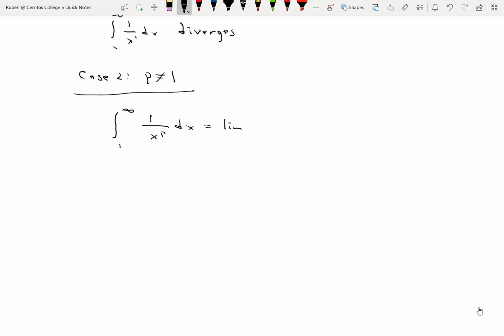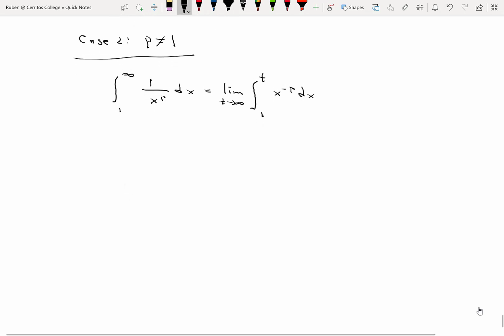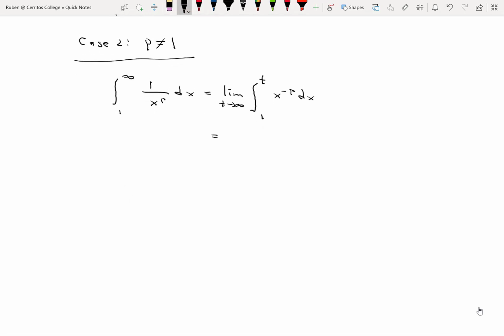To handle this, we take the limit of the integral from 1 to t, and then we let t approach infinity. I'm going to rewrite the function 1 over x to the p as x to the negative p, with respect to x. So let's evaluate this integral.